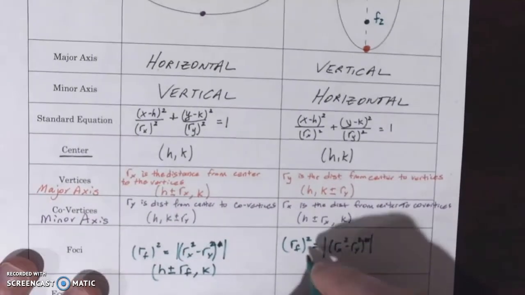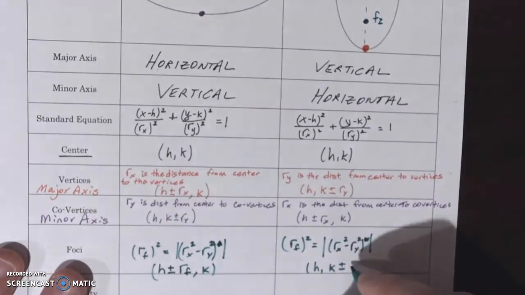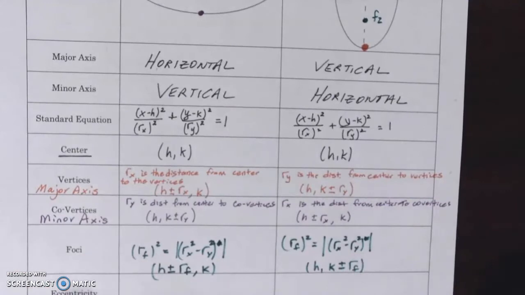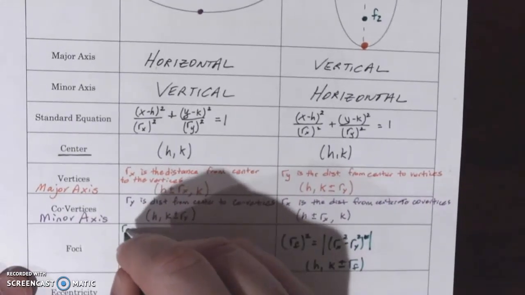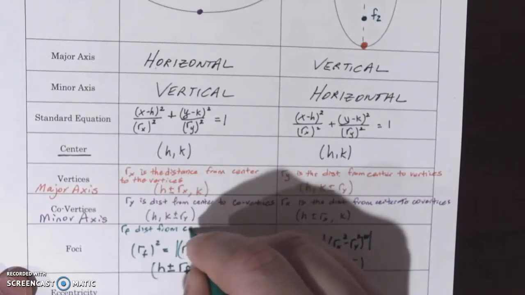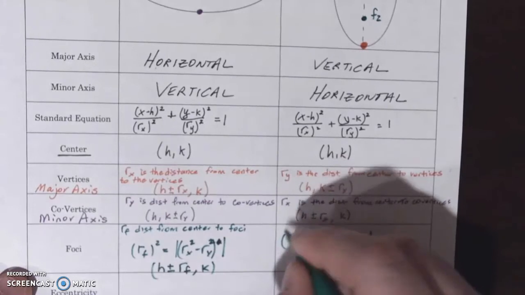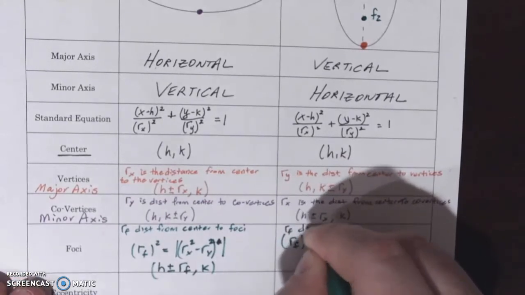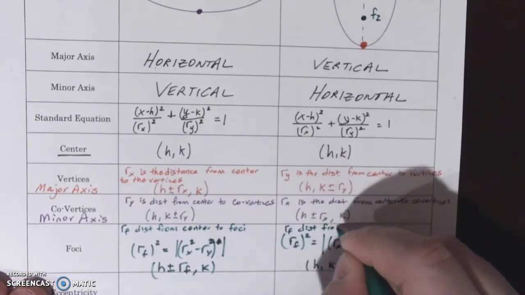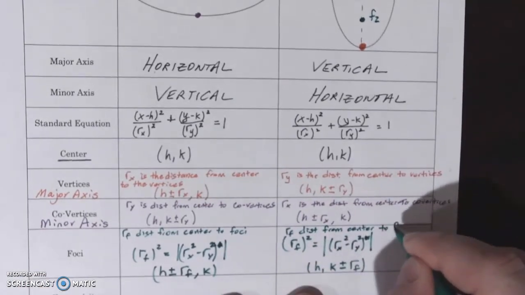There we go. And this distance, h comma k plus or minus r sub f. So r sub f is the distance from the center to the foci.